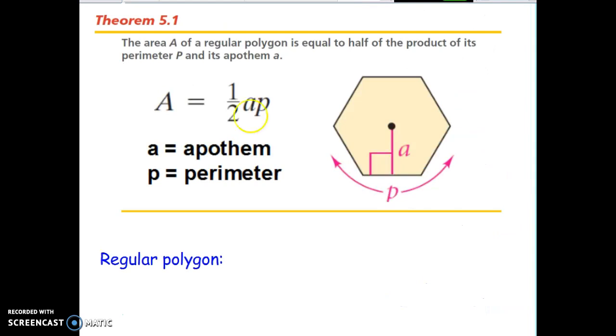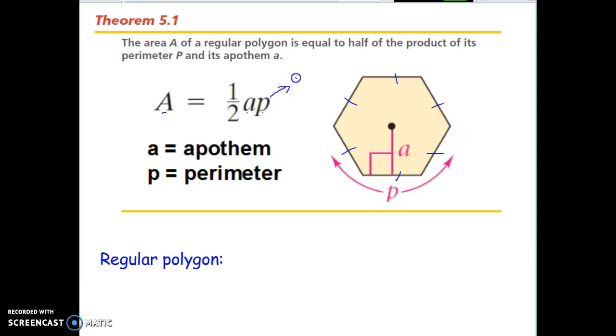An alternate version that we have is A equals 1/2 apothem times perimeter. The way they get this, if you think about what perimeter is, it's all the lengths of the sides added together. In a regular polygon, all the side lengths are exactly the same, so we can get the perimeter by taking side length times number of sides.